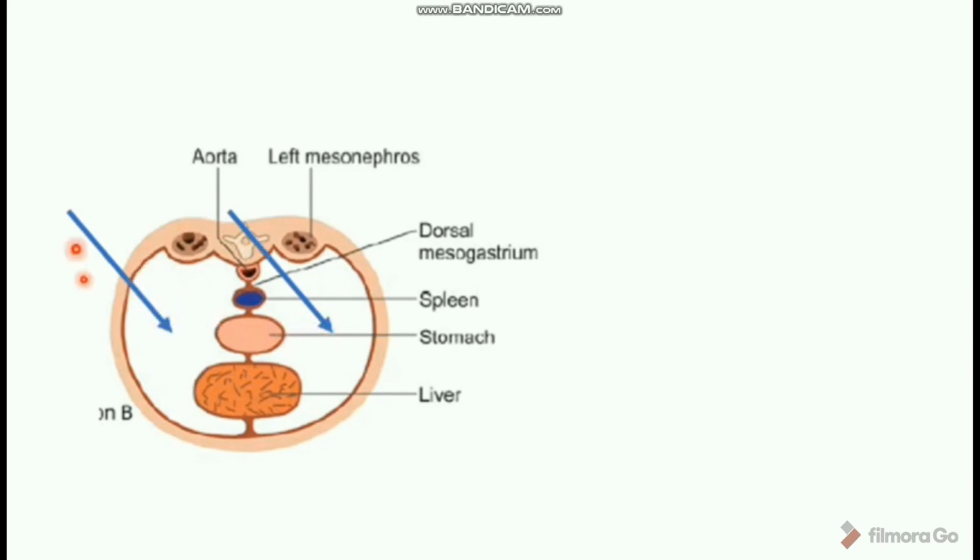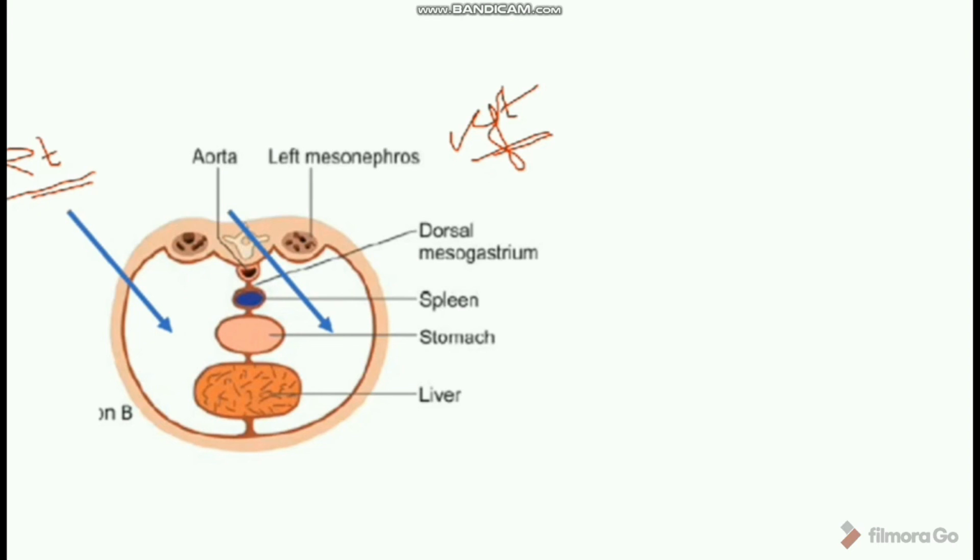So for your convenience, I want you to notice and remember a right and a left sac. This one is the right sac and this one is the left sac. Now there is no such terminology in embryology, but this is something I have added to make you understand, because I want you to remember these two sacs for now. So the right and left cavities.